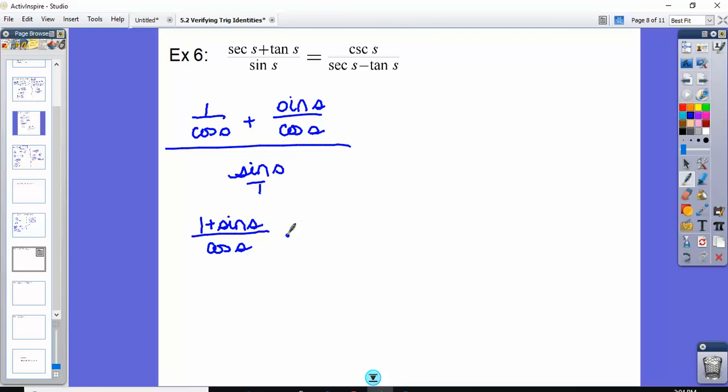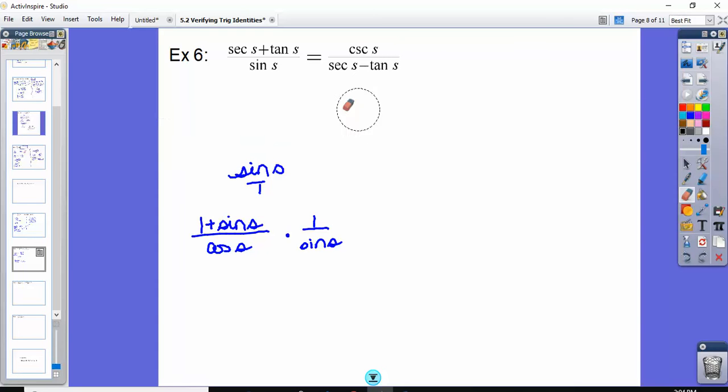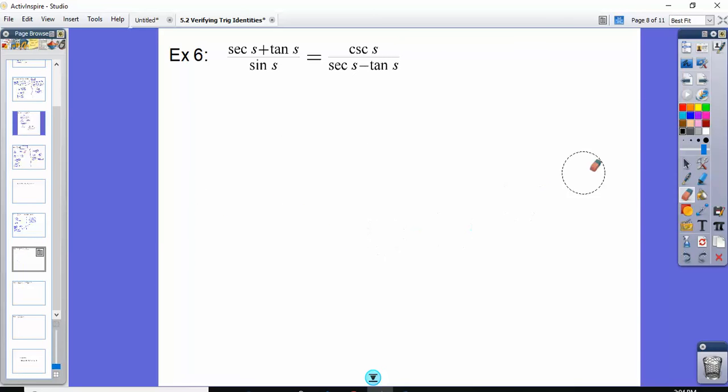To divide by a fraction, you flip and multiply. But I'm really getting no closer to where I want, because I still have things added on the top. On the bottom, I have things multiplied and I want subtraction. So this one is actually kind of hard to get to using the strategies we have been doing.